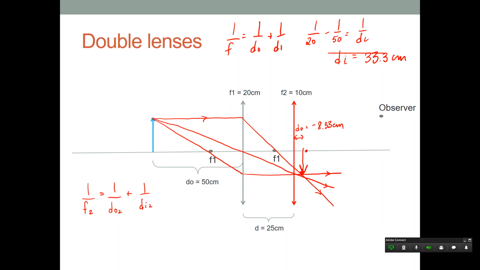So 1 over 10 will be equal to 1 over negative 8.3 plus 1 over DI. Give me a number for DI.